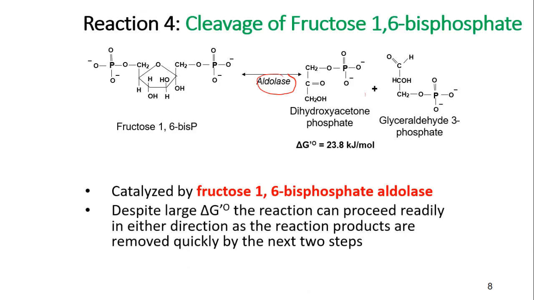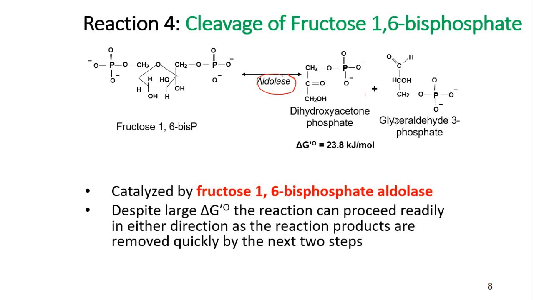Remember that in the fourth reaction, there was the formation of dihydroxyacetone phosphate and the glyceraldehyde 3 phosphate.